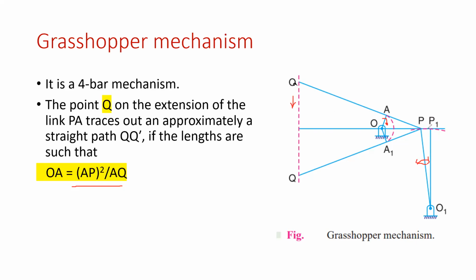Next, as this point P will oscillate by some angle, the point Q will be traveling along the straight path. Okay, so again I will show you the video of the grasshopper mechanism, so you will come to know its actual working.